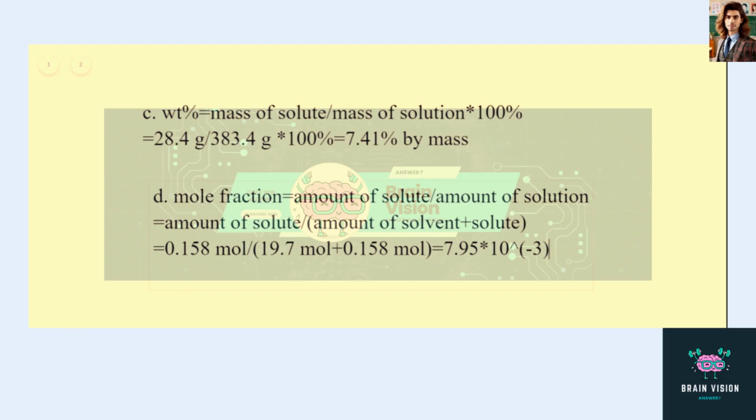And the last thing we need to calculate is the mole percentage. It's defined as amount of the solute divided by amount of solution, just represented in percentage. So you can imagine that it's just a mole fraction times 100%. So that's easy.